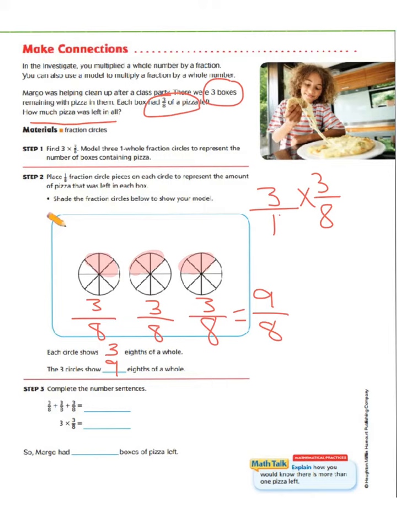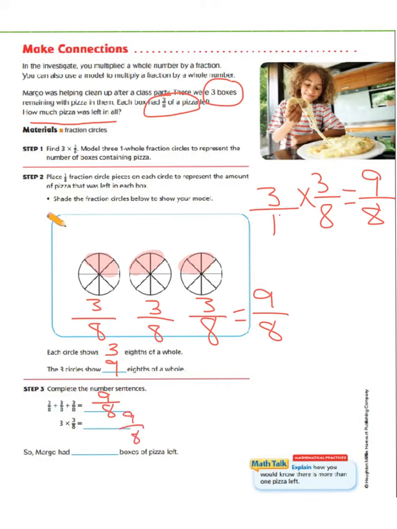Or if we come up here and multiply it, we know that 3 times 3 equals 9, and 8 times 1 equals 8, 9/8. So we've already completed this problem. 3 times 3/8 is 9/8.